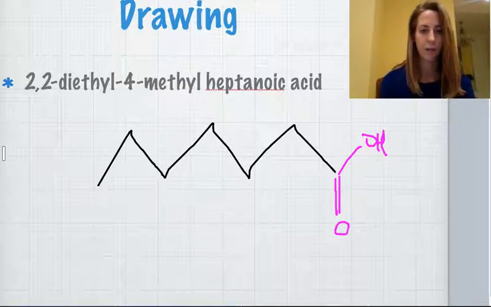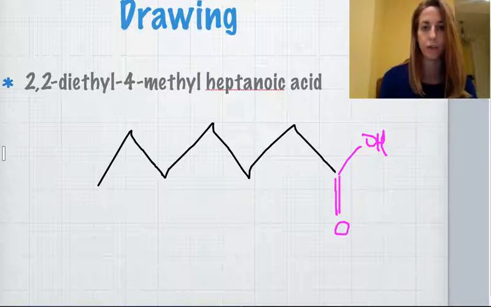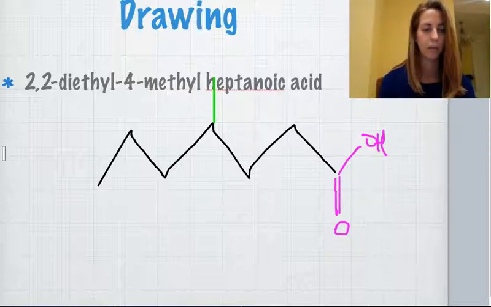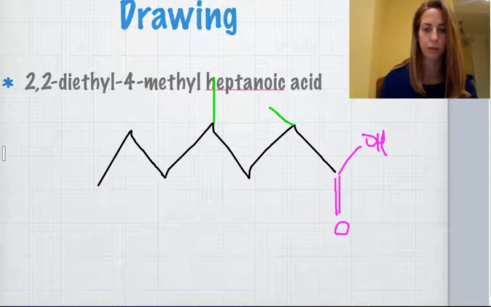Now we have 4 methyl, so that means on the 4th carbon we have a methyl group. 1, 2, 3, 4 methyl group. You can just go straight up like that. And on carbon number 2, as well, we have an ethyl. We have 2 ethyl groups. So on carbon 2, we have 2 ethyl.